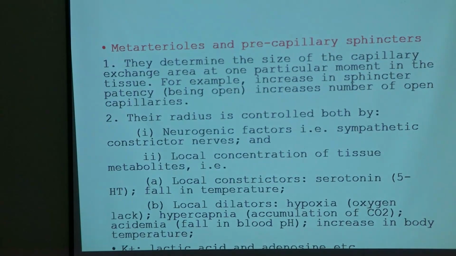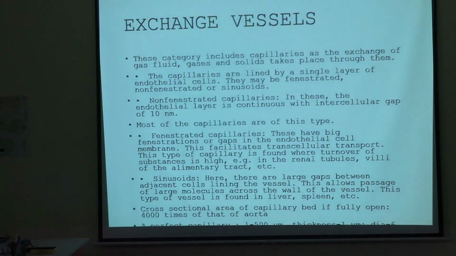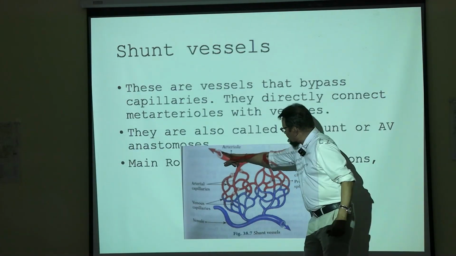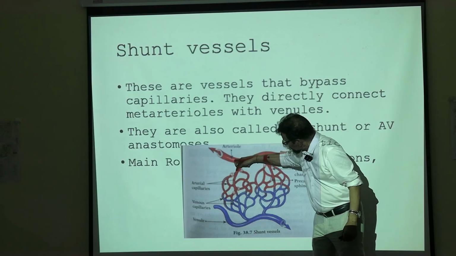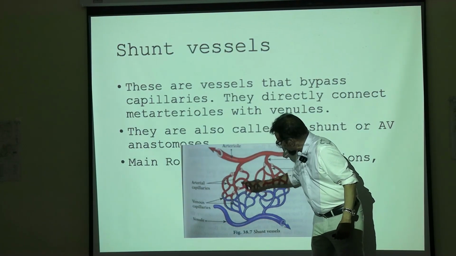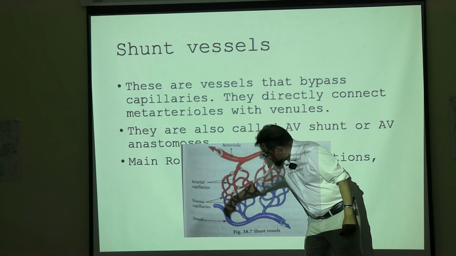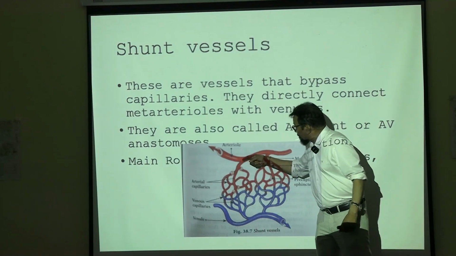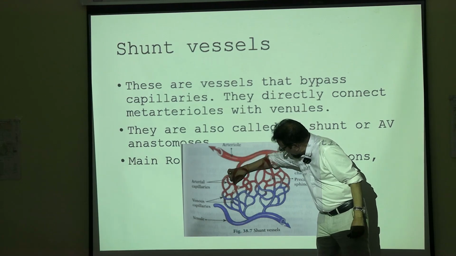Meta-arterioles and precapillary sphincters. You see what is there? Very important thing. This is an artery. From it, one branch is produced. This branch forms various capillaries. From these capillaries, venules are formed, and then a vein. You will find that one of the branches is not forming any capillary.